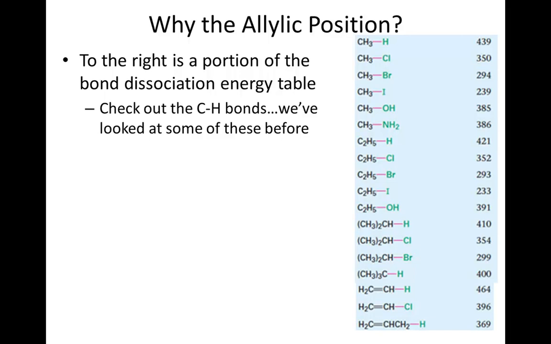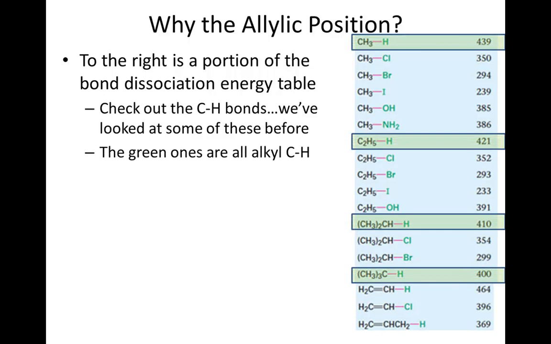And we want to again look at CH bonds, because we want to see how the allylic position is similar and different from others. And so I've highlighted the ones we've been talking about in the past, which were the alkane type CH bonds going from methyl, primary, secondary, and tertiary.